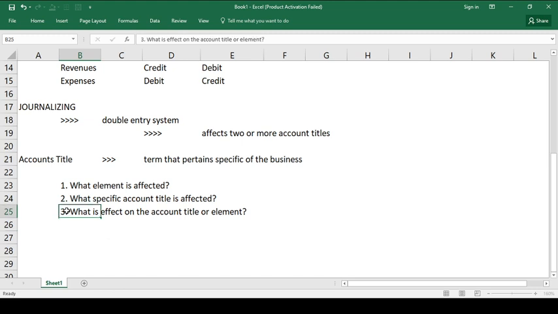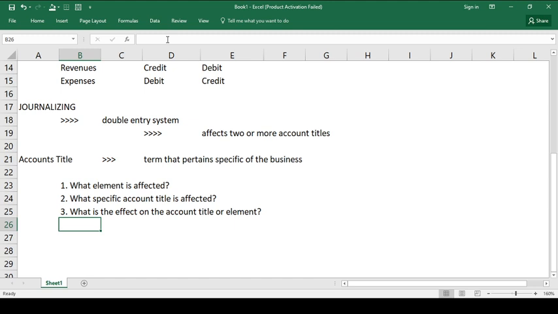Increase ba to or decrease ba to? Yun po yung kailangan mong makita on journalizing.